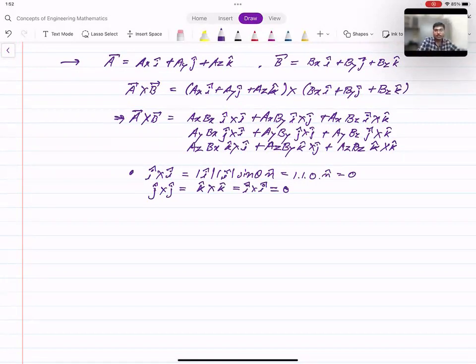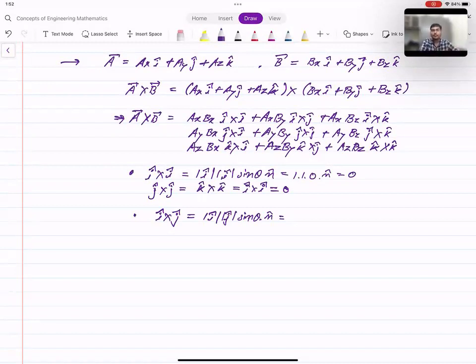Now, what happens for i cross j? I cross j will again be magnitude of i, magnitude of j, sine theta, n cap. Magnitude is 1 for i, magnitude is 1 for j, and we know that these two vectors are mutually perpendicular, since they represent directions along the axes, which are orthogonal. So sine theta will be sine 90, which is 1. So 1 into 1 into 1. Now what about the direction?